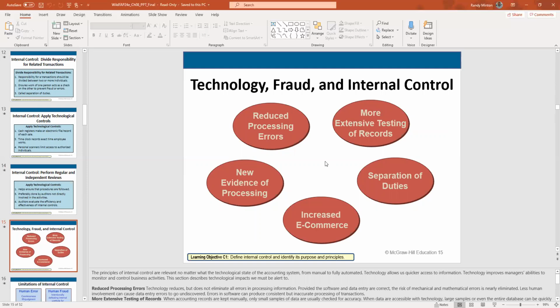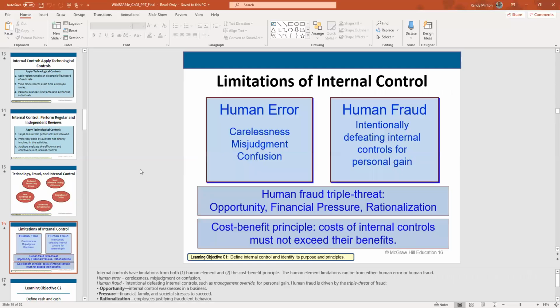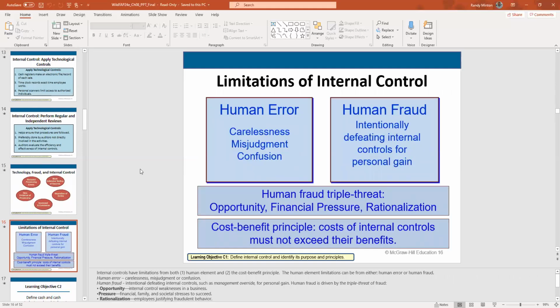We want to reduce some processing errors, because reduced processing errors reduce our expenses and also reduce our customer service problems. And we would, of course, do a lot of extensive testing of records to make sure that we are fairly presenting the financial statements.